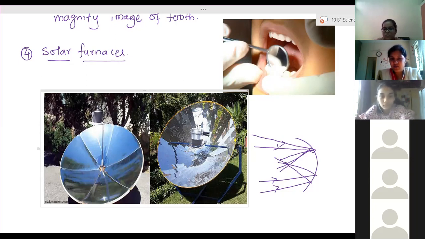And exactly at the focus, the object you want to heat is placed. So all the heat rays converge on the cooker, and a large amount of heat energy is given to it. Whatever substance, food, is inside the cooker gets cooked.